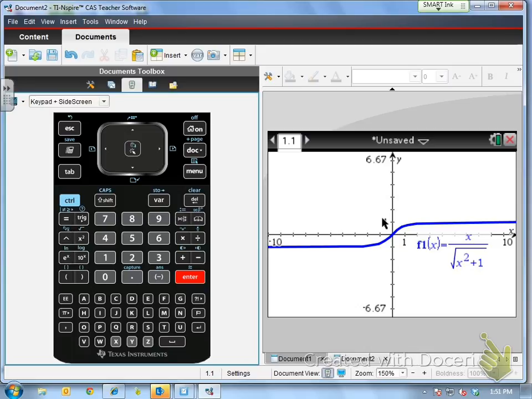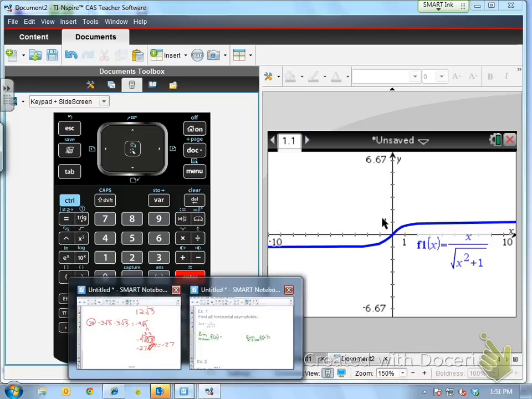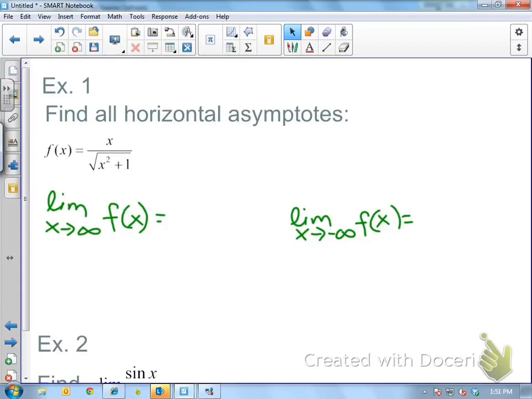What does it look like our horizontal asymptotes are for this? Okay, 1. Looks like when we approach positive infinity, we are hitting 1. And when we approach negative infinity, we're hitting negative 1. So we can still use some of our pre-calculus skills to help us out. So we're pretty sure 1, and as we approach negative infinity, negative 1.